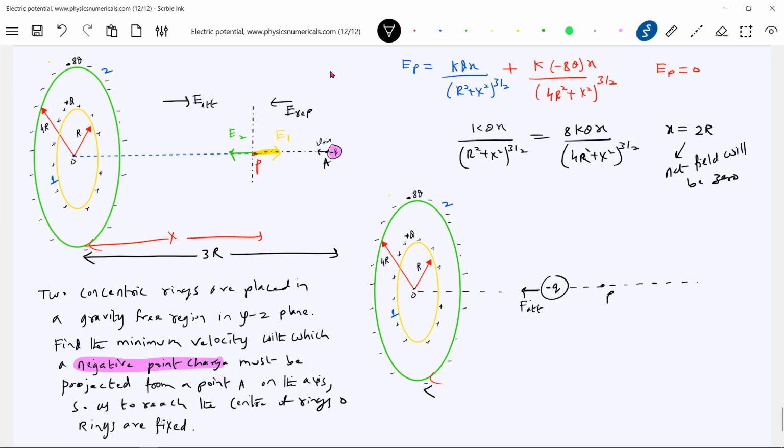When it is in this region, it will experience a repulsive force, because the net field at a distance less than 2r is as we have seen.